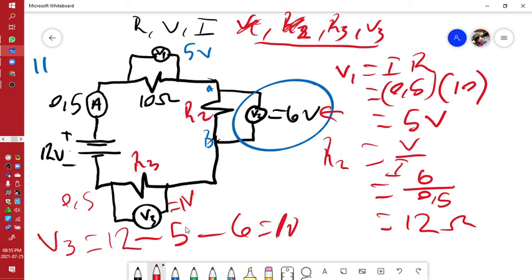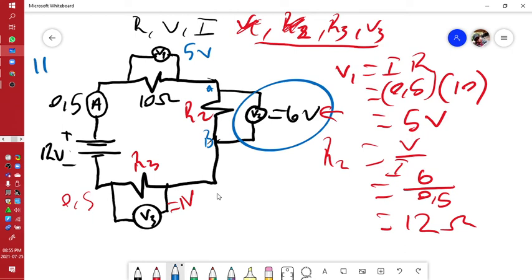Now, since we have V3 and we have the current, we can get R3. Let me write this.